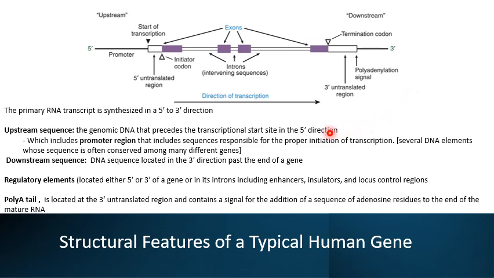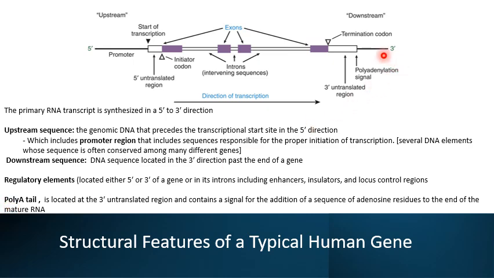And within, we have multiple regulatory elements that are located in either the 5 or 3 ends, which we divide into enhancers, insulators, and locus control regions. Okay, you don't need to know exact details on this. The last thing I wanted to mention is the polyadenylation signal, which is the poly A tail.